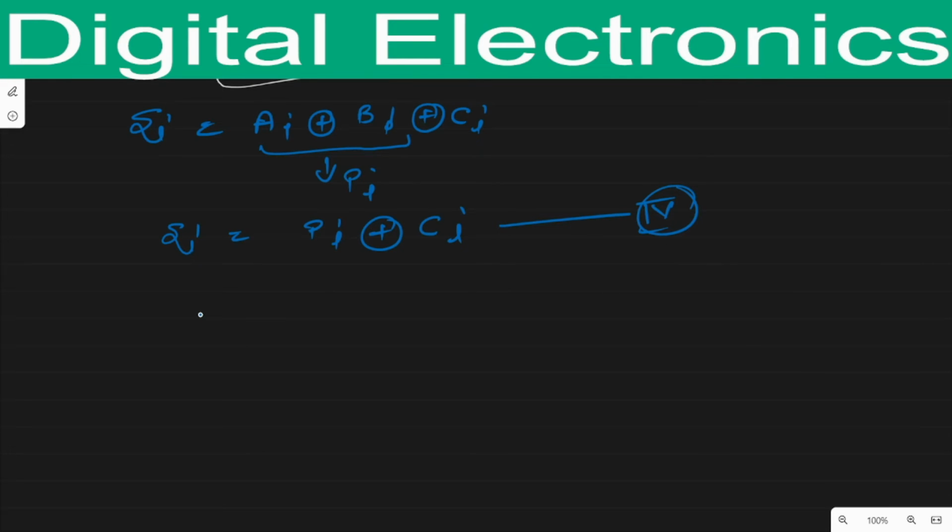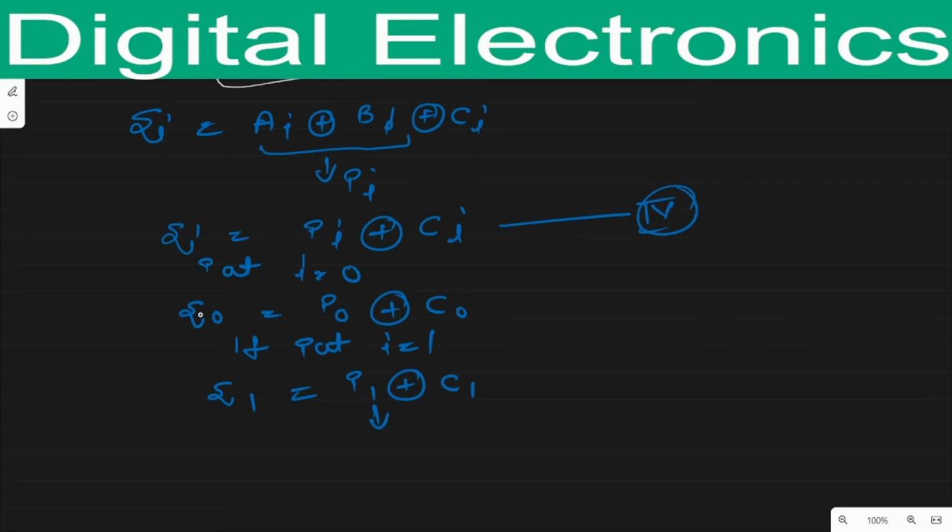If I put i equals 0 here, we will get S0 equals P0 XOR C0. If I put i equals 1, then I get S1 equals P1 XOR C1.